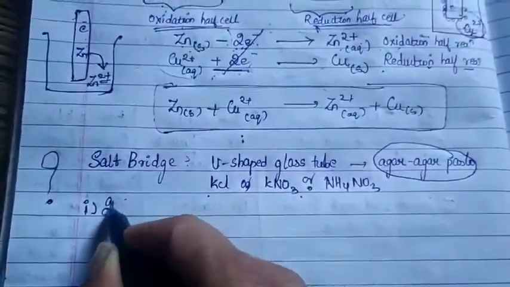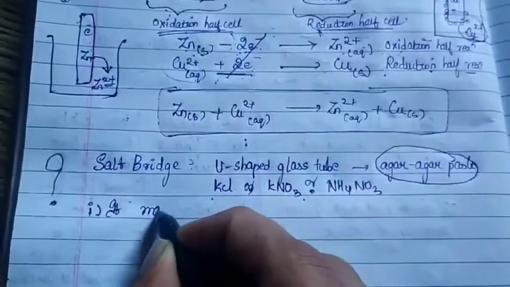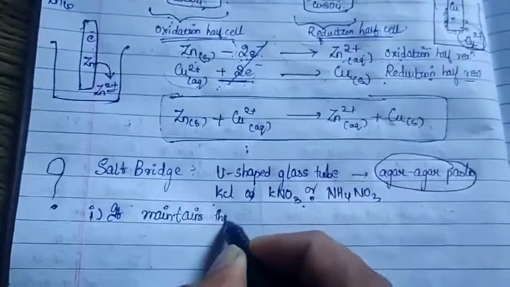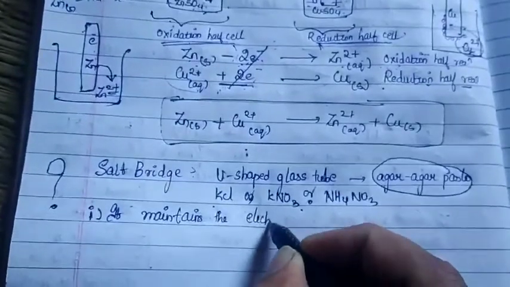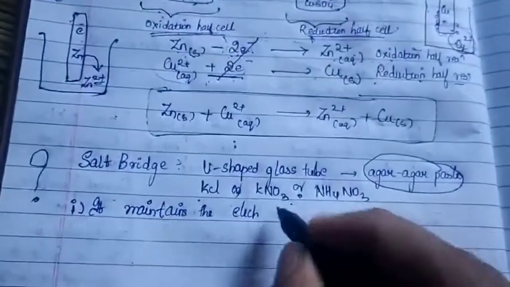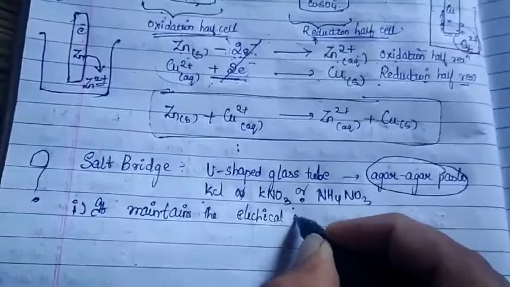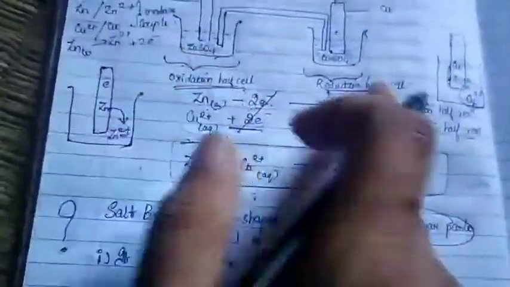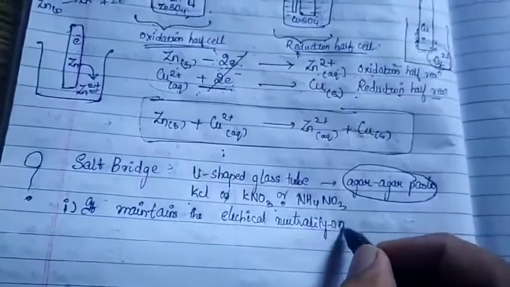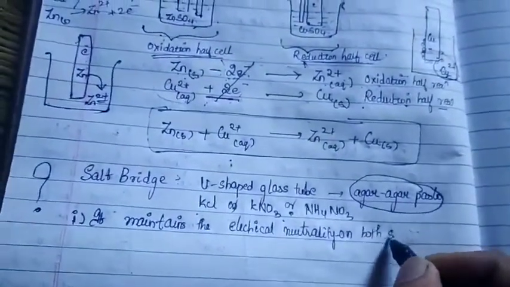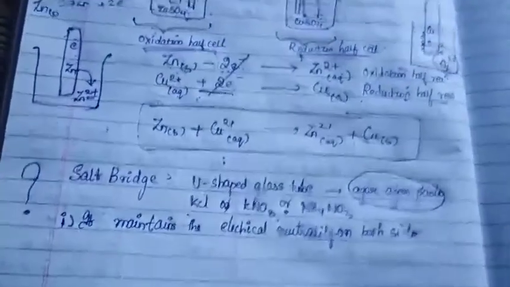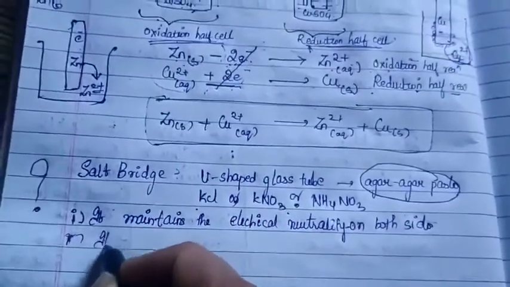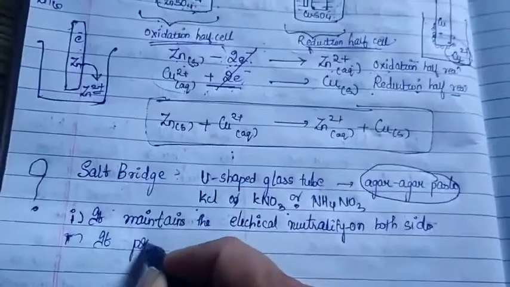It maintains the electrical neutrality in the solution, on both sides, on both half cells. Then the second point, it prevents the accumulation of charges in the half cell.